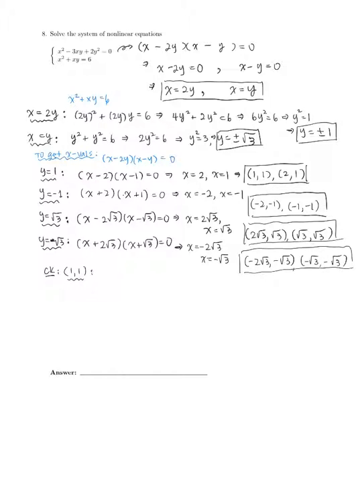The equation that I'm going to use is x squared plus xy equals 6. So the question is, what is 1 squared, which is 1, plus 1 times 1, is it going to equal 6? No. So guess what? This one is out.